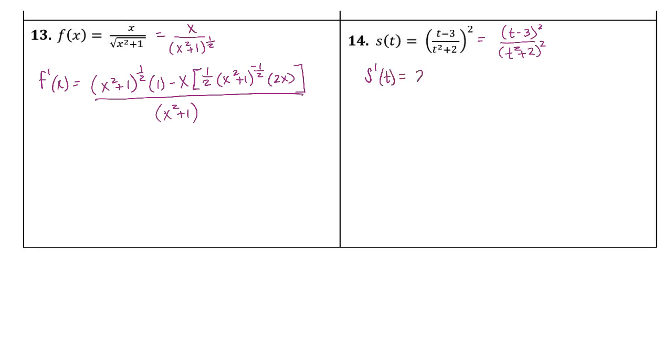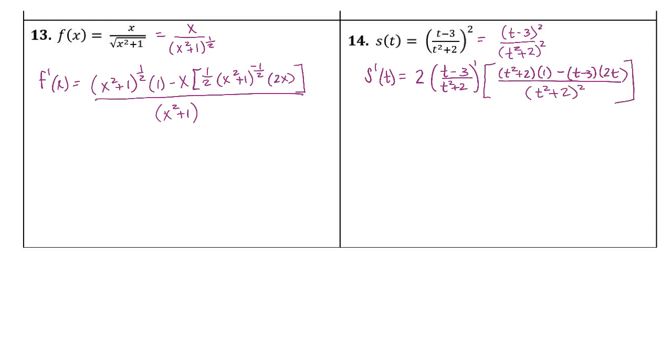Again, that's going to be the derivative of the outside to the first, and then times the derivative of the inside, which is going to be our quotient rule. So we have the bottom times the derivative of the top minus the top times the derivative of the bottom, and all of that's all over the bottom squared.